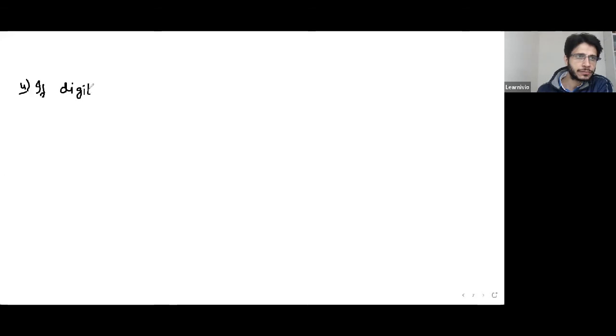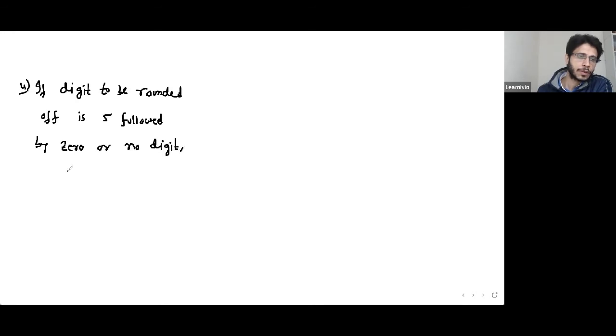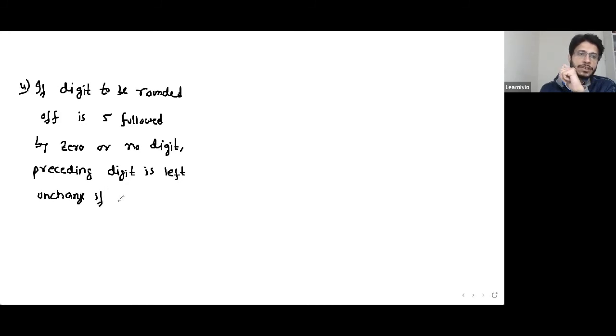If the digit to be rounded off is 5, followed by 0 or no digit, the preceding digit is left unchanged if it is even.